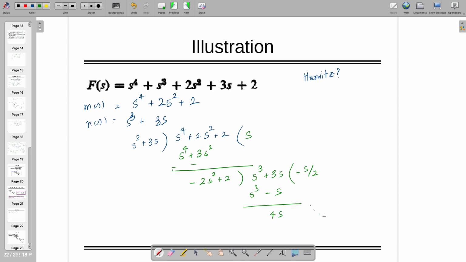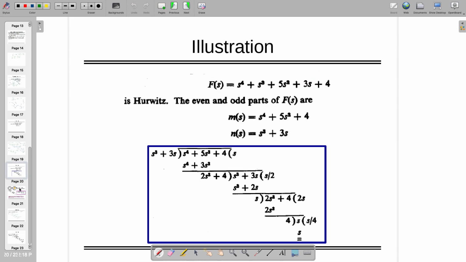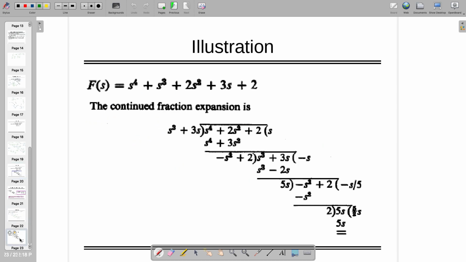So at the midpoint itself, you can say that this is not Hurwitz. Right? You can find other entries also if you want to find out. Right? So this is not Hurwitz. You can see that it's negative entries.